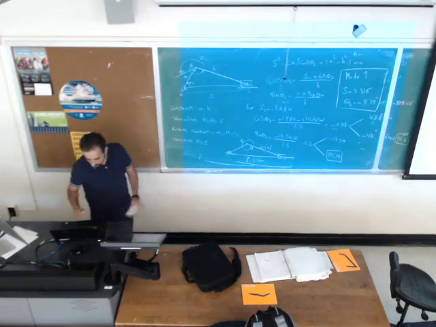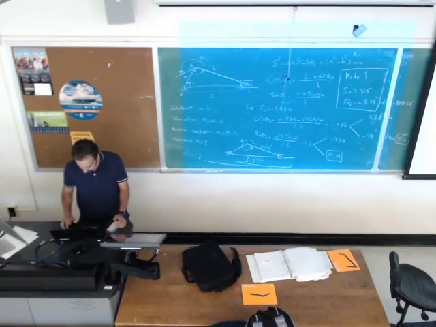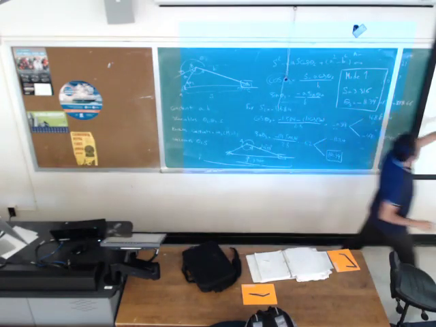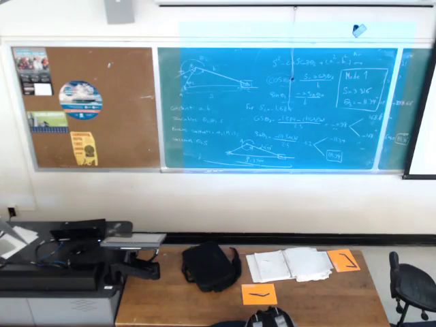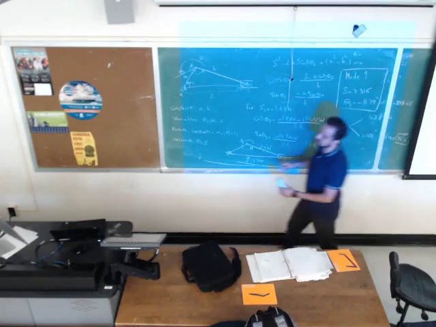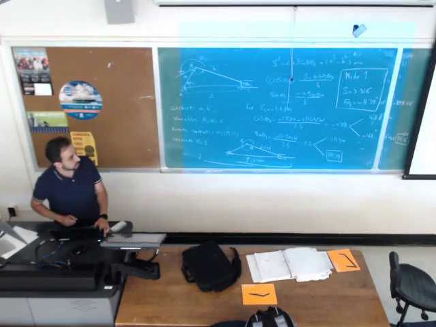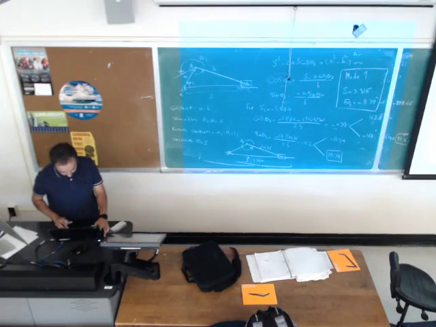So we kept all terms with theta 3 on one side. I moved the other terms to the right side. If I square both sides and add them up, I can get rid of theta 3, because sine square plus cosine square is equal to 1.